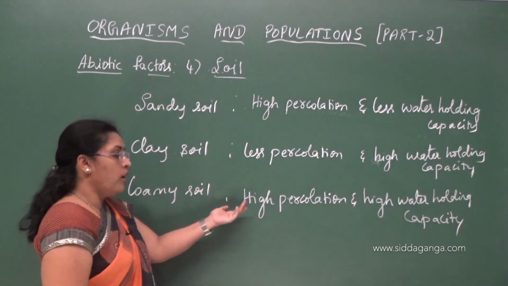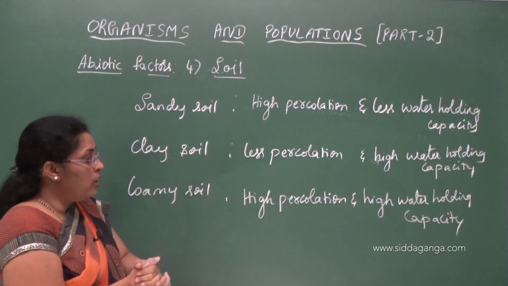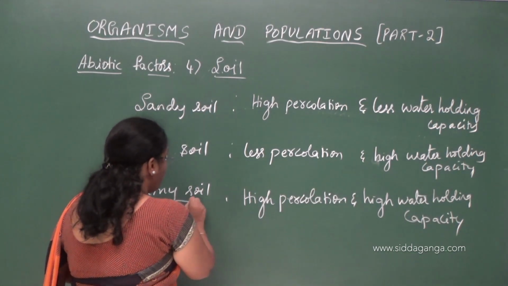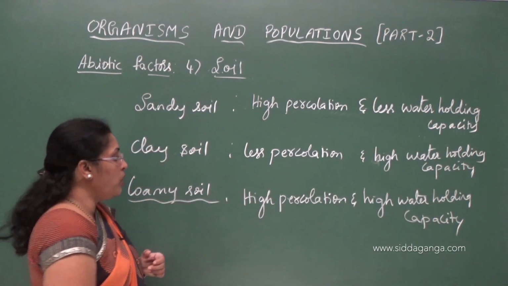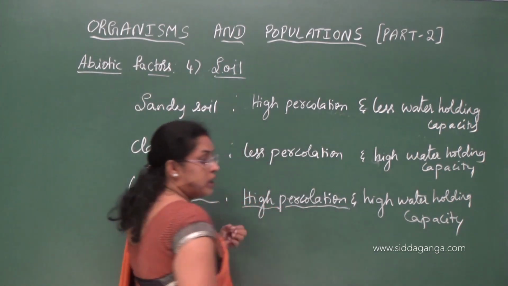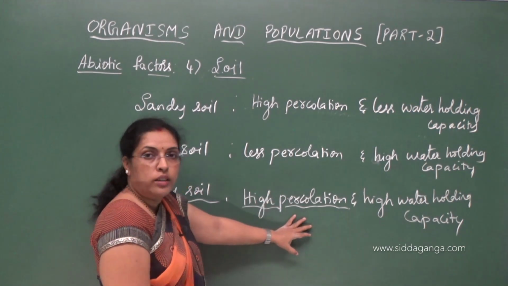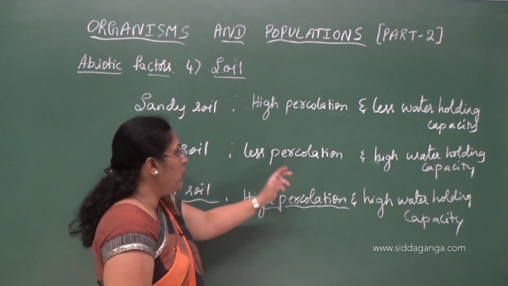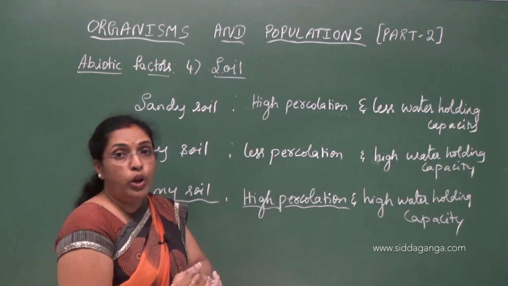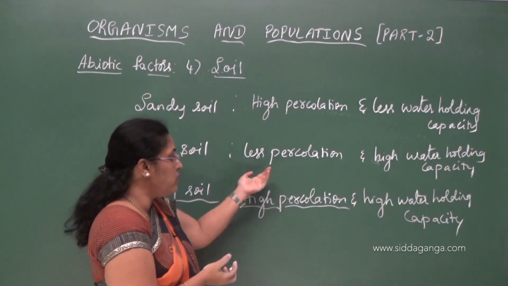So for the vegetation to get good productivity, loamy soil is very important for the plants because it has high percolation, so that the minerals can enter and reach the tip of the root also. If there is less percolation, the minerals will not reach, like nitrates. Nitrates are very important for the plant's growth.